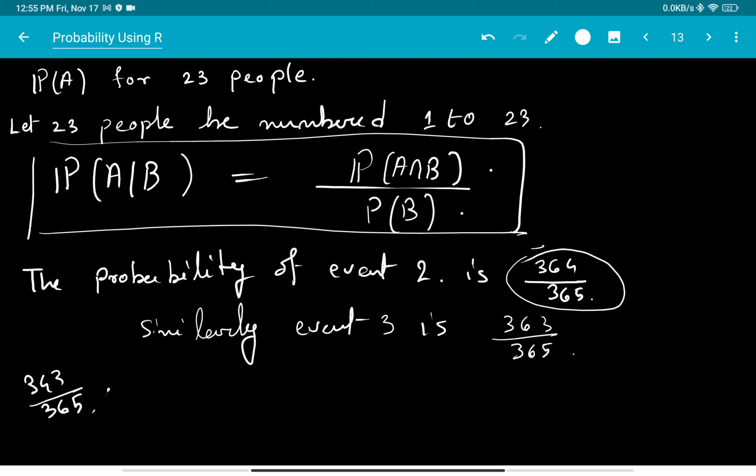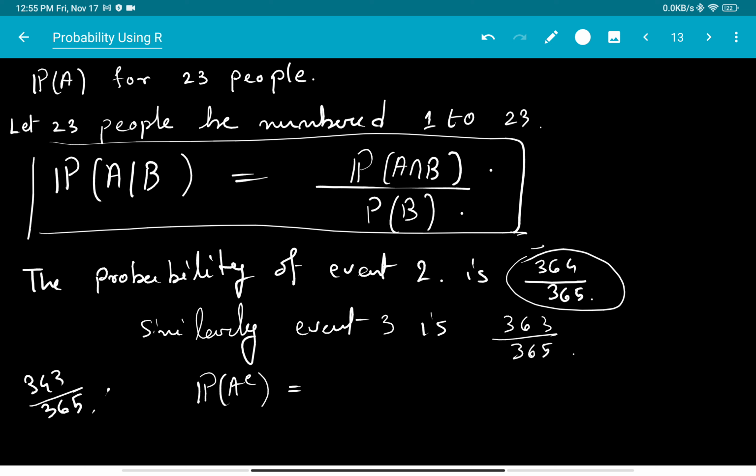So how do we construct this? Try to grab the logic, because without logic it won't be constructed.